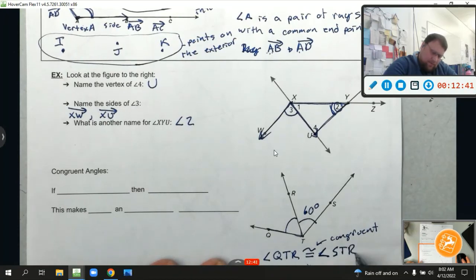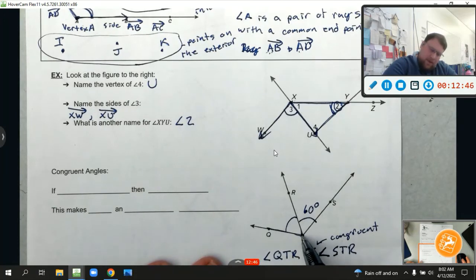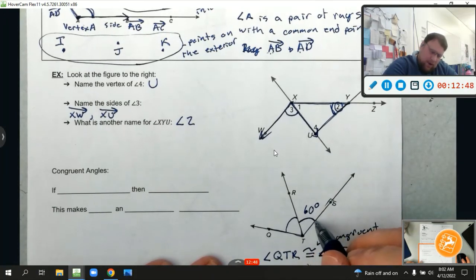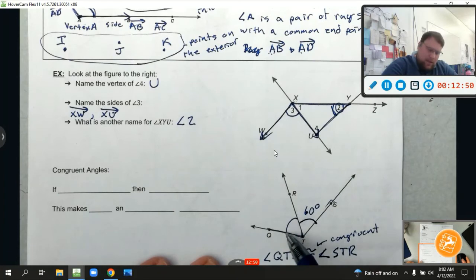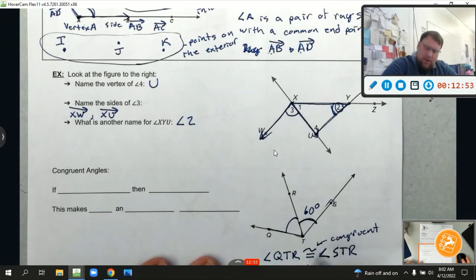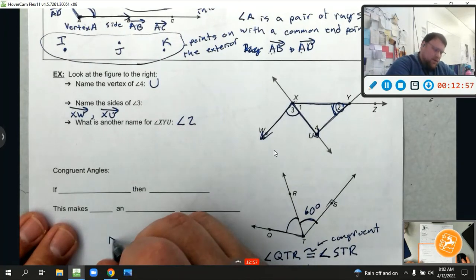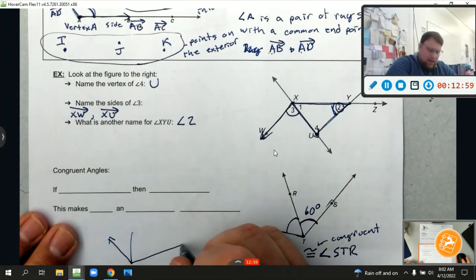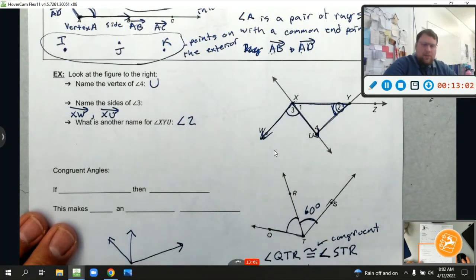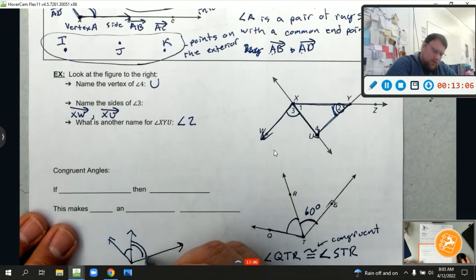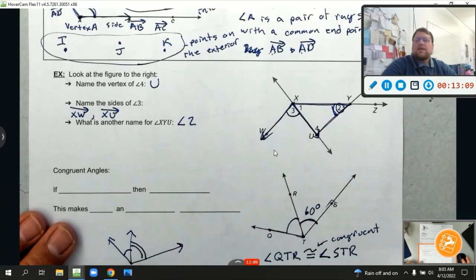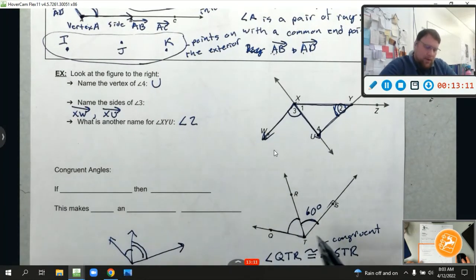They both share a T for a vertex, right? And since they're congruent, notice I used one arc for this and one arc for this. If they each have one arc, that means they're congruent. If I conversely had angles that are not congruent, I would use one arc for one angle and two arcs for the other to show that they're different angles. Whereas here, we're saying they're congruent, so it's the same measure.